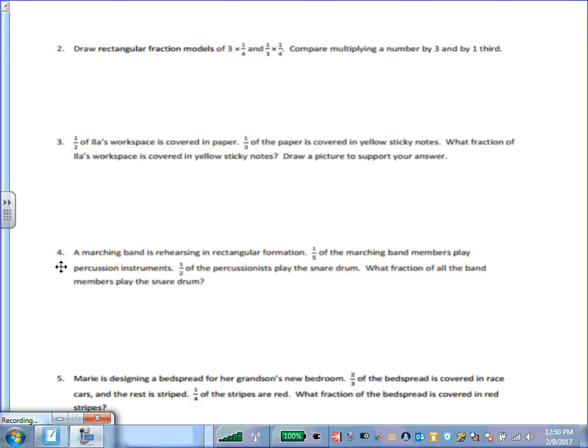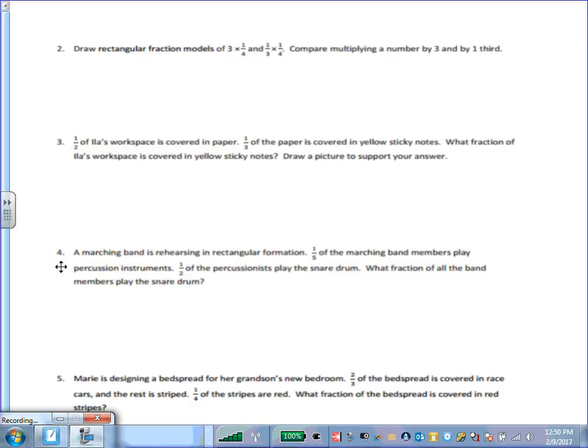So, this is one of the times that you would actually need to be able to draw a rectangular model, because it tells you to draw a rectangular fraction model. But you would also probably want to be able to back it up with math.